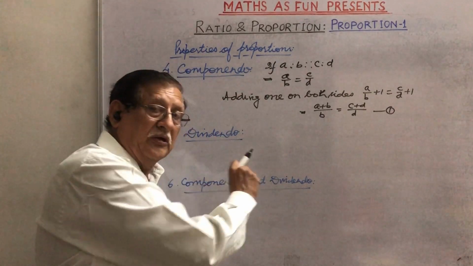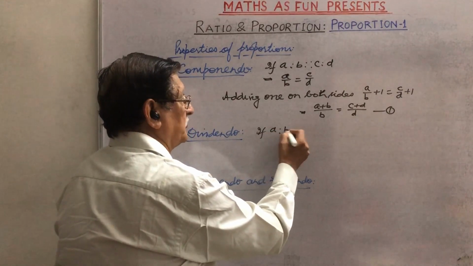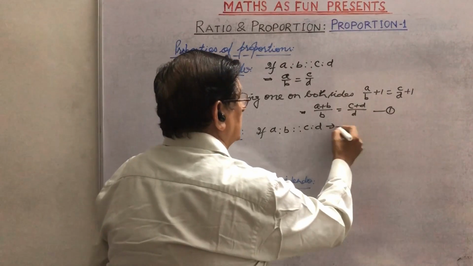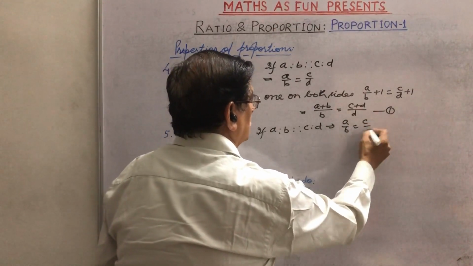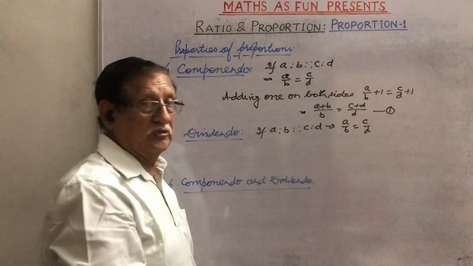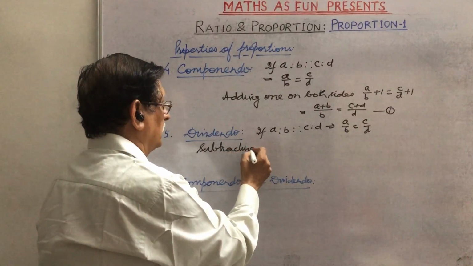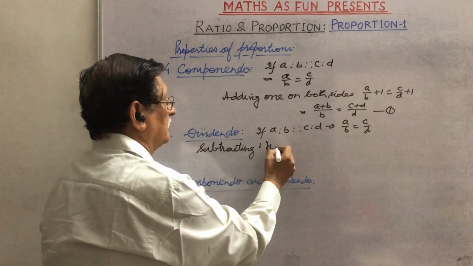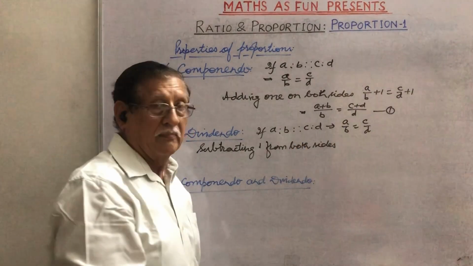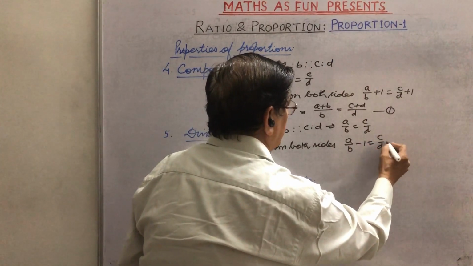Now the next property is known as dividendo. What is it? If we have A is to B same as C is to D, we know that this gives us A upon B is equal to C upon D. If we subtract 1 from both sides, do we get here A upon B minus 1 is equal to C upon D minus 1?